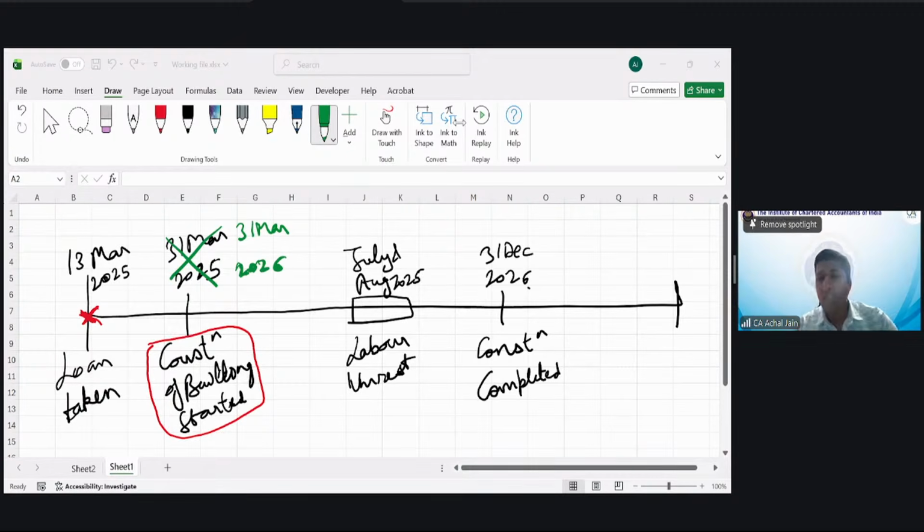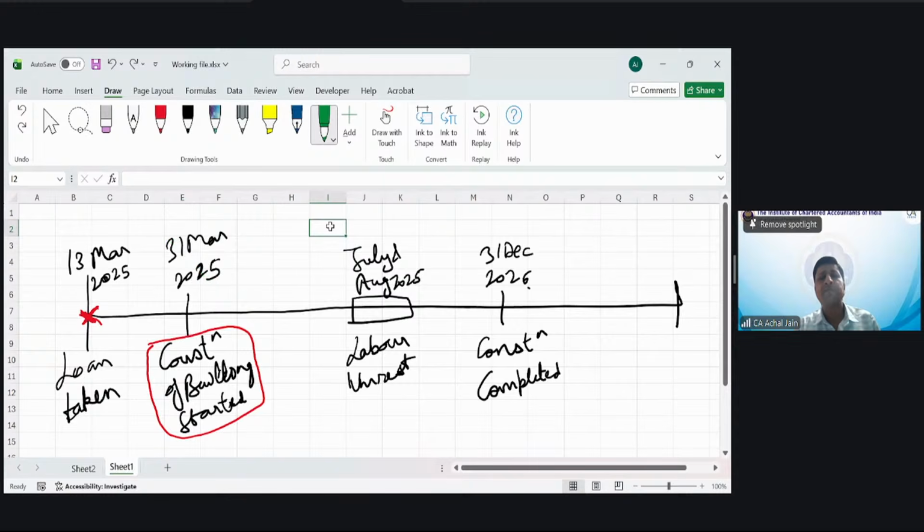no worries. So let's try to understand this. Let me just go back to the original dates. See, in this case, if you start capitalization, now please understand it's very, very important. If you start the capitalization of interest, what will happen?